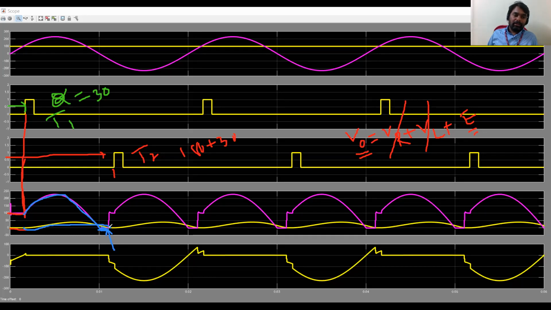And whenever the inductor discharges energy completely, there is no VR effect, then there is no VL effect, we are left with E only. So after this point, you will get only E, right? So you can see during this interval, the current is becoming 0. Because of that 0 current, you won't get any voltage associated with resistance and inductance. Okay, that is what I want to show you.